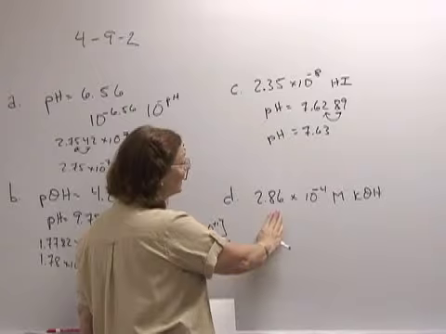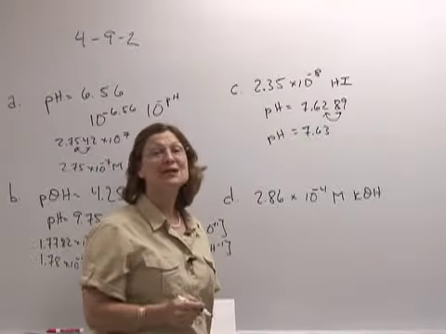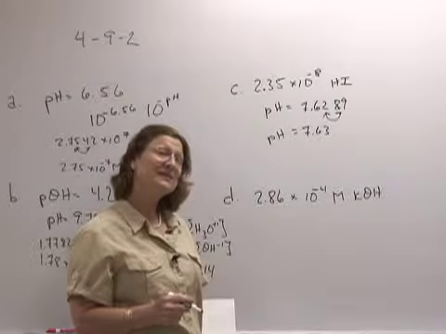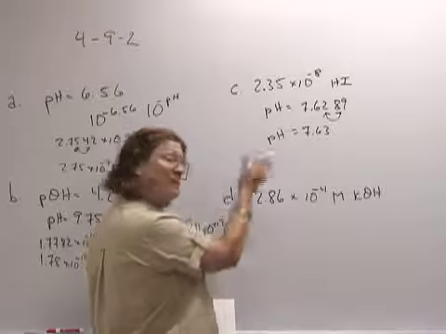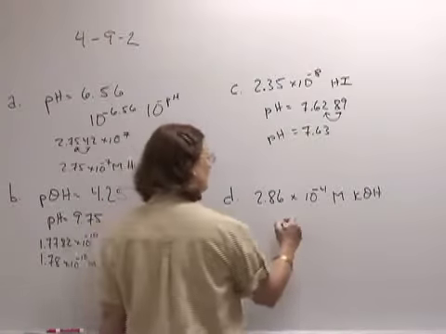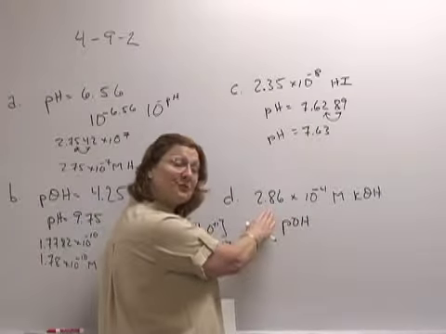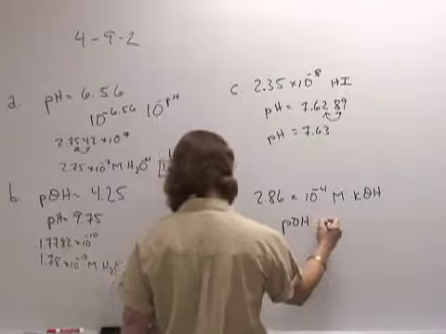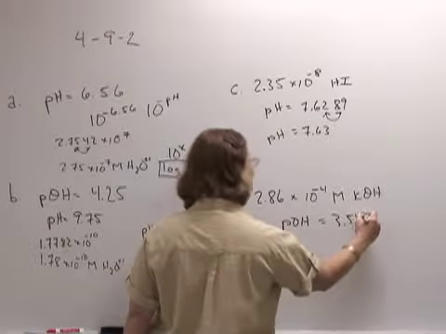In this final case here, we're given potassium hydroxide, and it's a strong base. Group 1A and 2A with hydroxide, except for beryllium, are the strong bases. When I put this in my calculator and take the log, I'm going to get the pOH. It is a strong base, so I know that it's 100% dissociated. The pOH is equal to 3.5436.